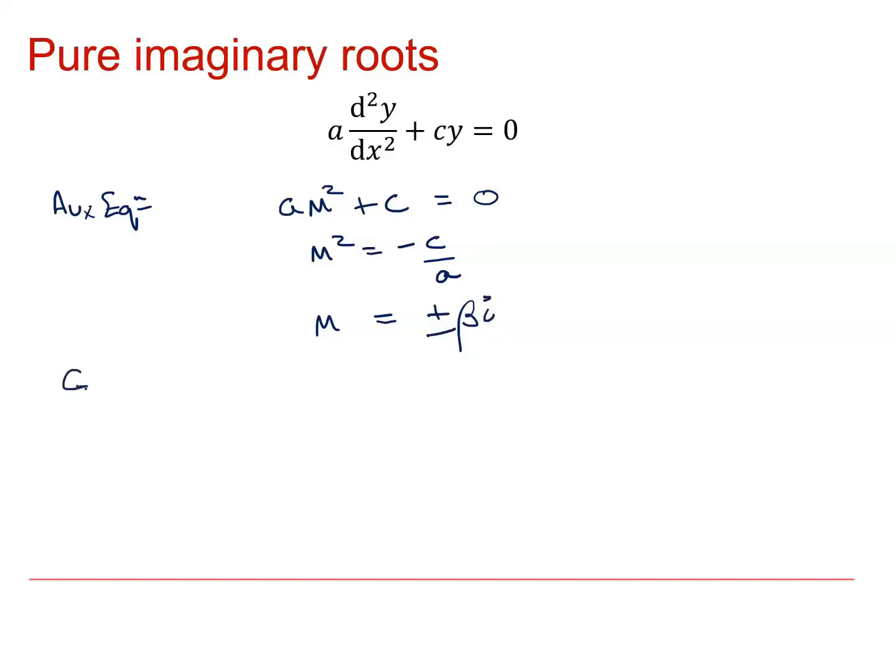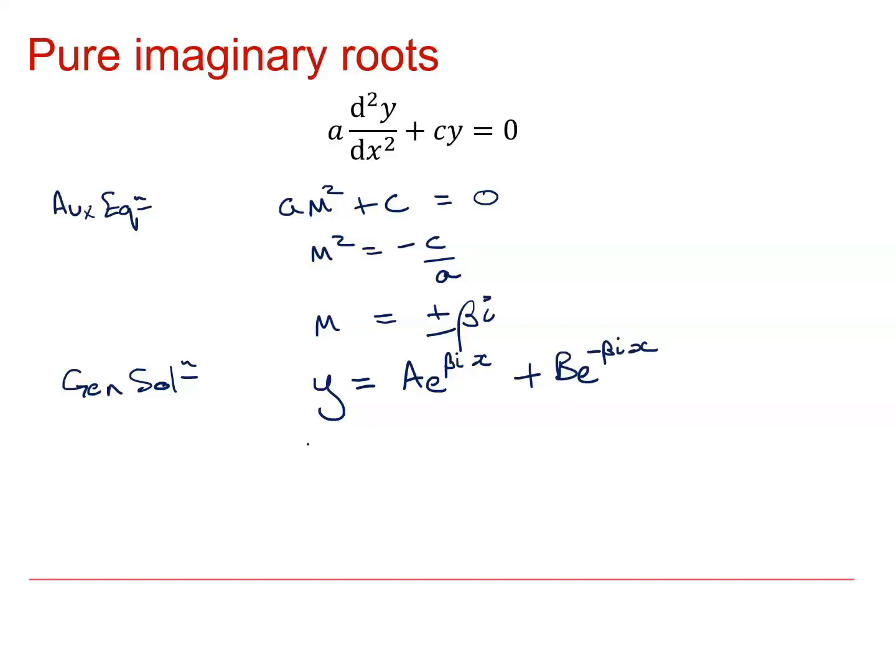So the general solution is going to be of the form y is equal to a e to the beta i x plus b e to the minus beta i x.